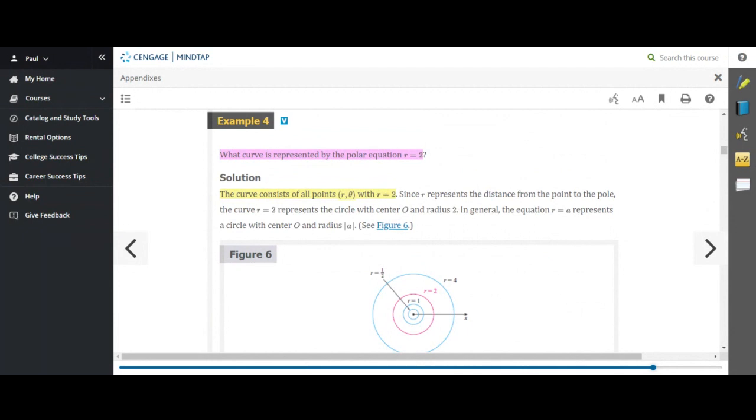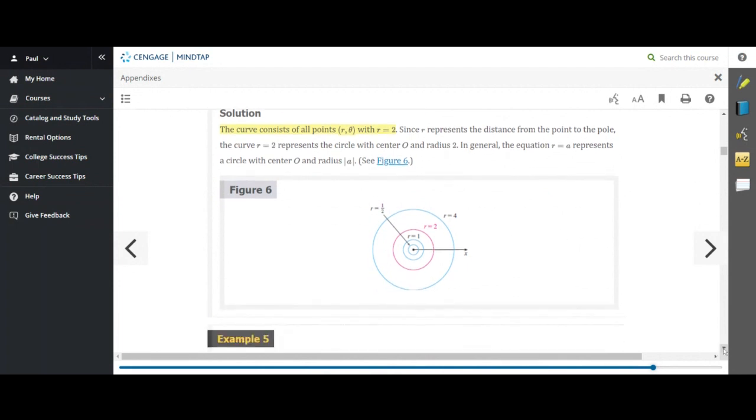So theta can vary, but the radius is always equal to 2. And so if we were to plot a graph in Figure 6 of r equals 2, we would get a circle centered at the origin.